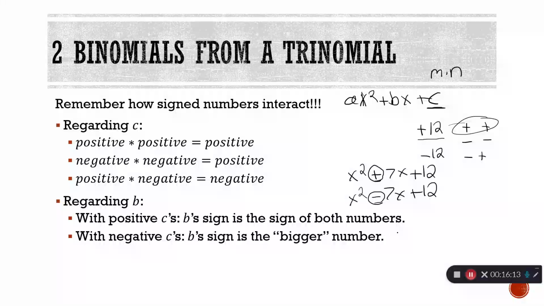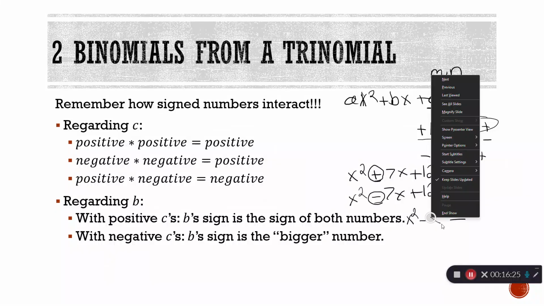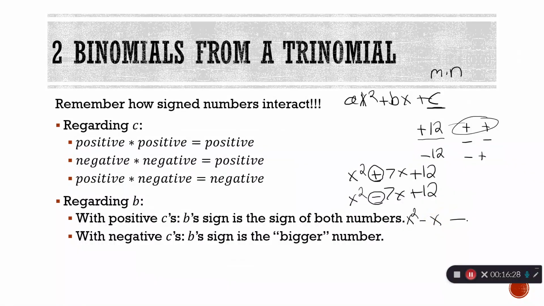Now, if I have a negative C, so let's say I had x squared minus x minus 12, then minus 12 means they're going to be opposite signs. So how do I know which is the bigger number?